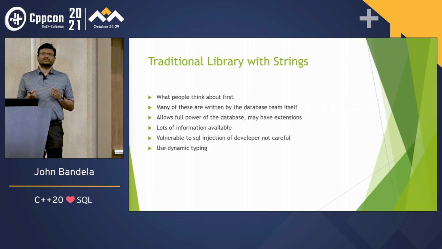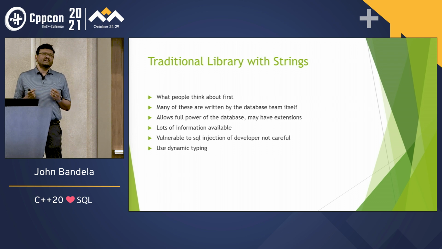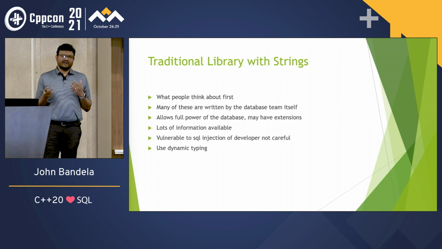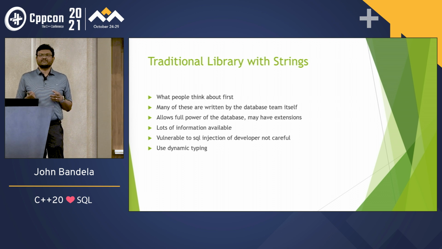However, because they use strings, even though they have prepared statements, people can still be tempted to just create a string at runtime and pass it in, so they're vulnerable to that. The other thing is that because they're using strings, they don't know the exact types they're expecting and that come out.